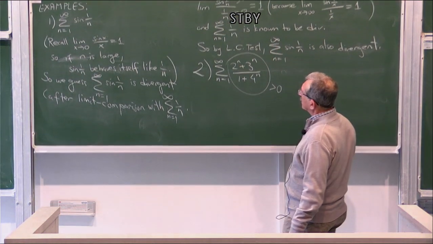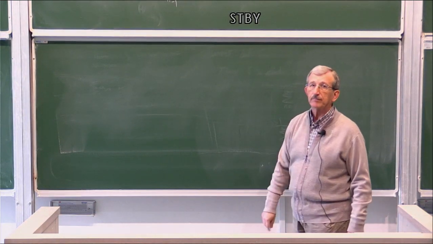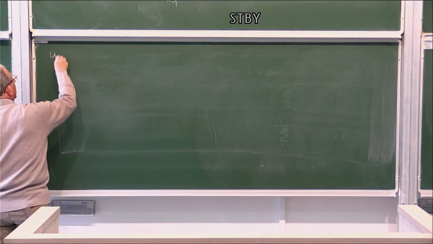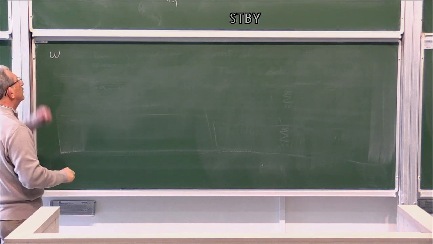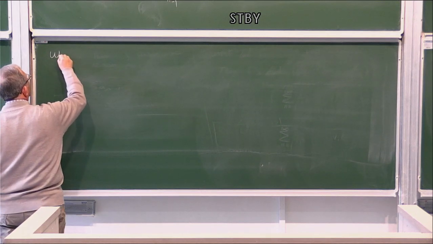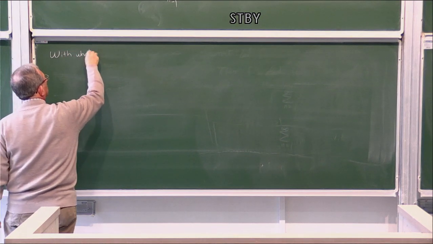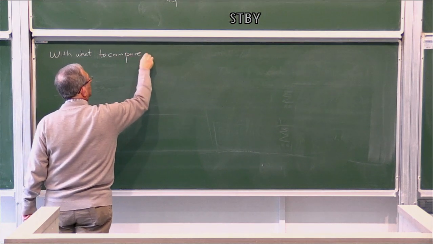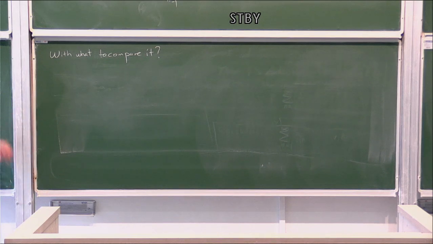the question of with what to compare it gives us, after some thought, a hint actually, if we look at an. So the question is, with what to compare it? In all comparison tests, we have this question all the time.